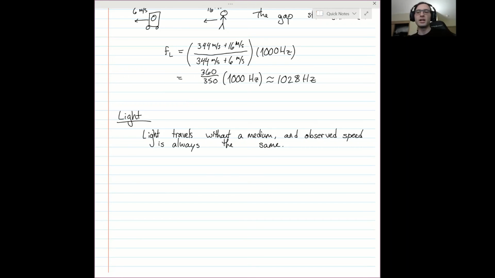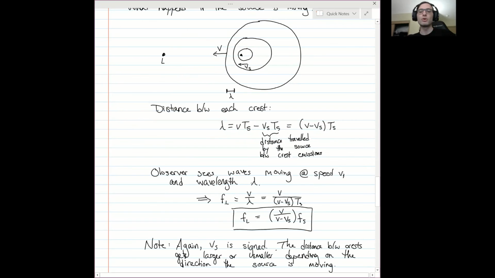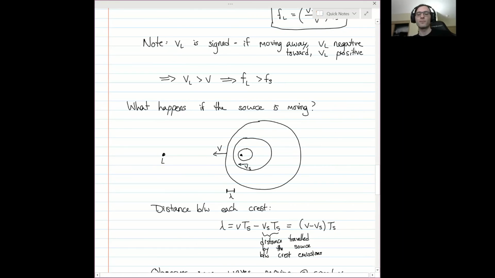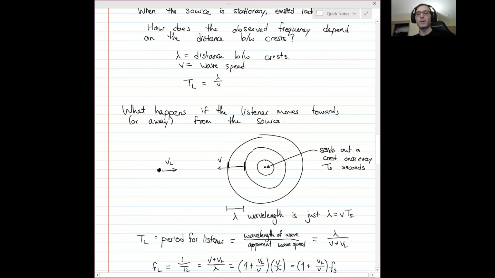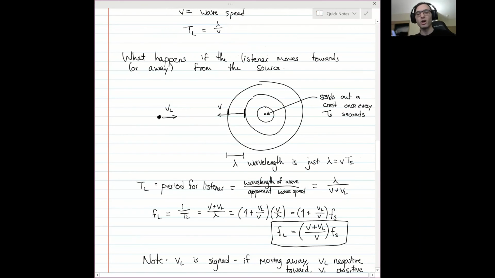You might imagine that if the listener is moving, they might also see that the light appears to be traveling faster. But what makes light and gravitational waves different is that light always appears to travel at the same rate. You'll learn about why this is the case in 9D if you decide to take it, but this is an interesting phenomenon, and it's true. It doesn't matter how fast you're going, light will always seem to move at the same speed.